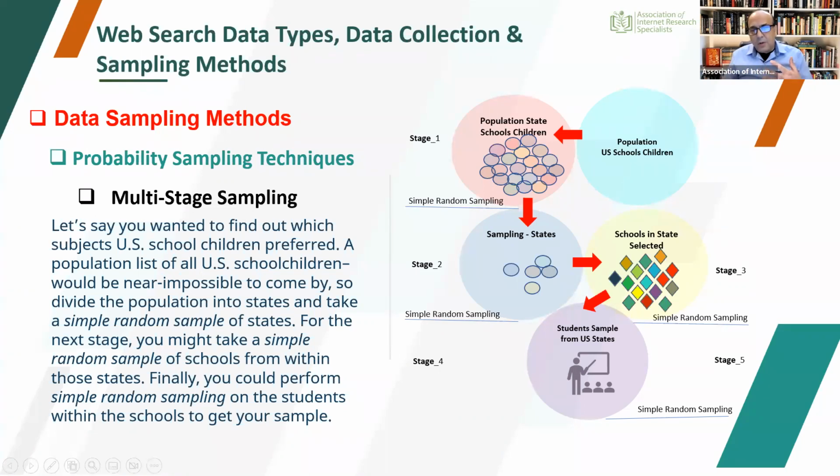So the best example in multi-stage sampling, first of all, in this diagram, you could see that there is stage 1, stage 2, stage 3, stage 4, and stage 5. Okay, so this is multi-stage sampling. Now, if we have a population of US schools to work with to do our research, it will be almost impossible and it will take years probably.